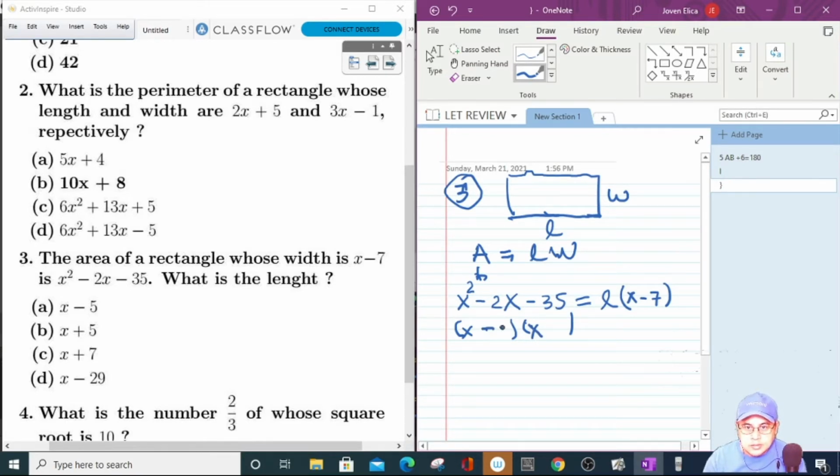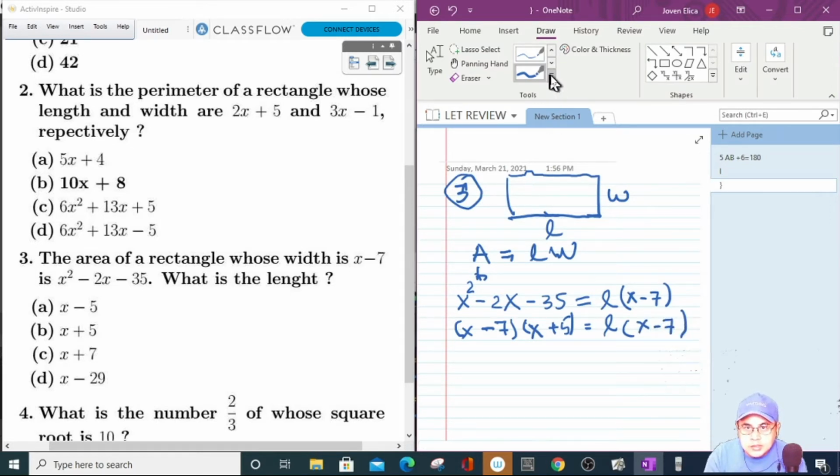This is minus 7 and plus 5, because the middle is negative 2x. So negative 7x plus 5x is negative 2x, and negative 7 multiplied by 5 is negative 35. So this is the factored form of that equation, multiplied by L multiplied by x minus 7.